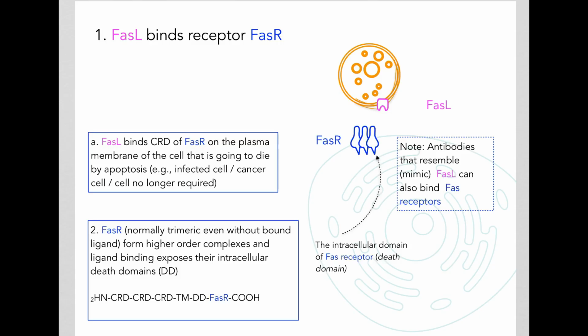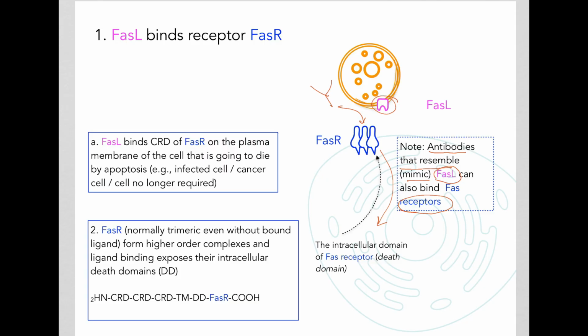On a side note, it's important as a healthcare professional to appreciate this. Antibodies that resemble or mimic signals such as Fas-L can also sometimes trigger their receptors. They will bind. So even antibodies that resemble the signal can bind receptors and trigger the cell signaling pathway.